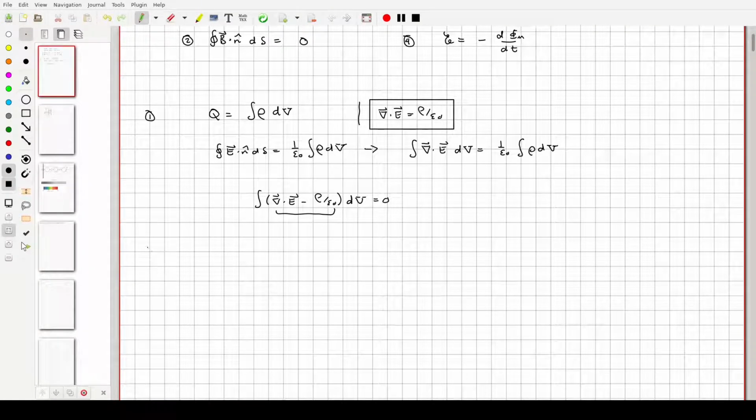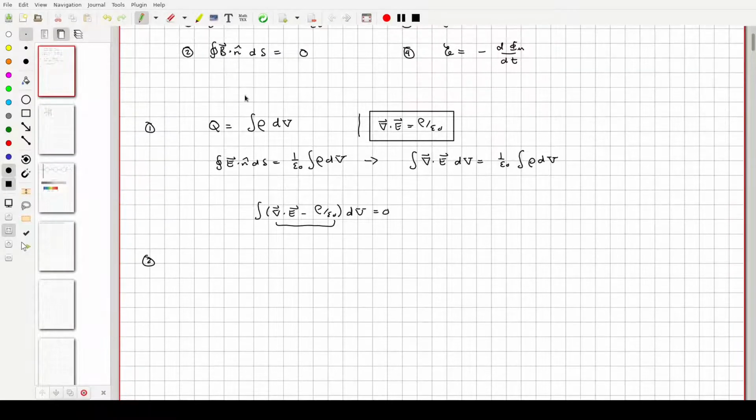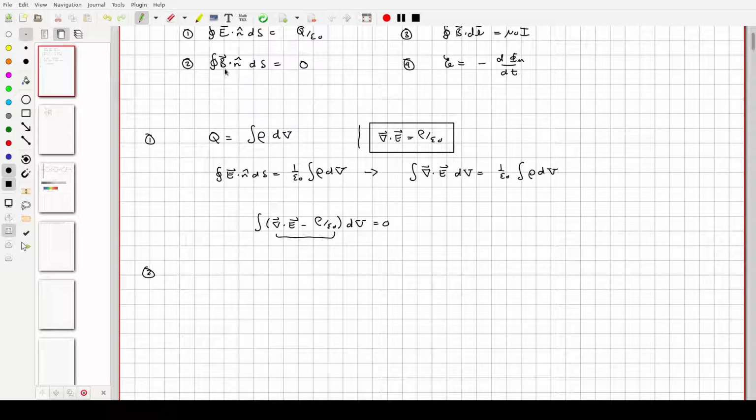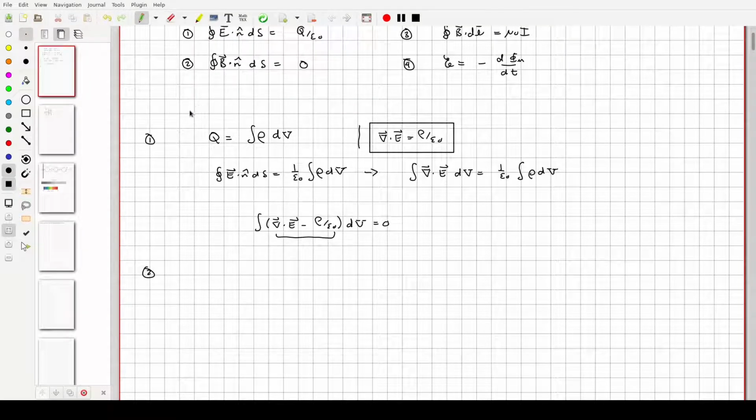Now let's talk about the second equation. The second equation deals with the behavior of the magnetic field when you look at how it enters and exits a volume. Basically what this says is that for each field that goes into a bound surface, it's going to be equal to a vector that exits, giving you 0 overall.